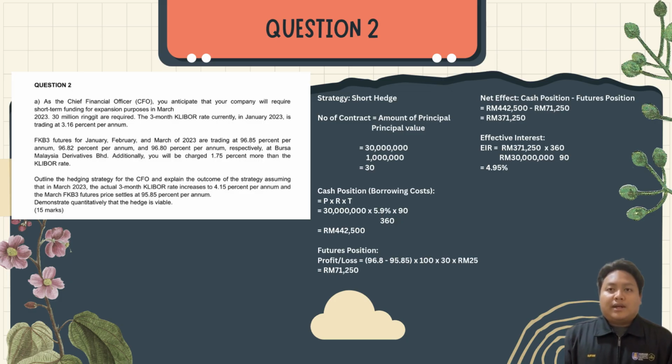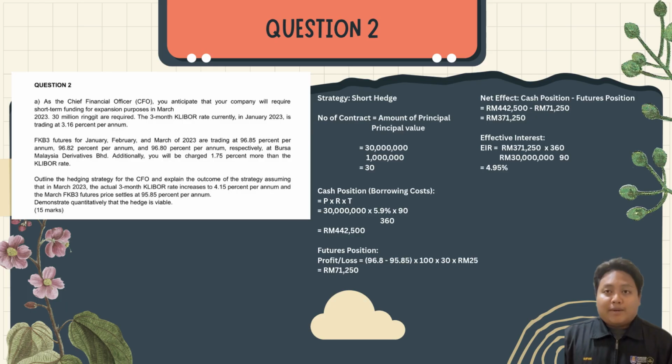Meanwhile, in the cash market, our actual interest paid to the bank for the 90-day period at 5.90% is calculated as 30 million times 5.90% times 90 over 360, and so we get 442,500 ringgit.